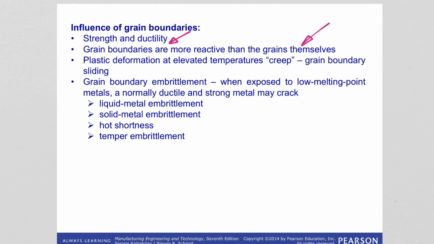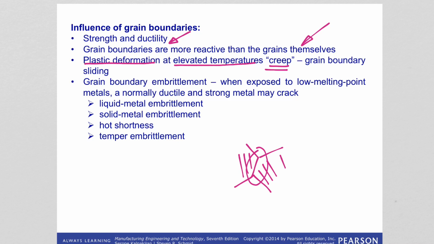Grain boundaries are also important in terms of plastic deformation, the plastic deformation that happens at elevated temperatures. What we call creep. So what happens is, let's say these are grain boundaries. This one is a grain boundary, right?